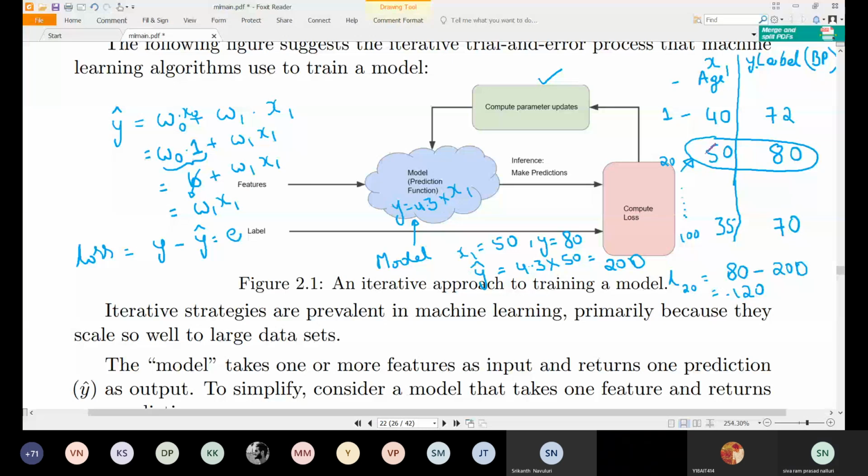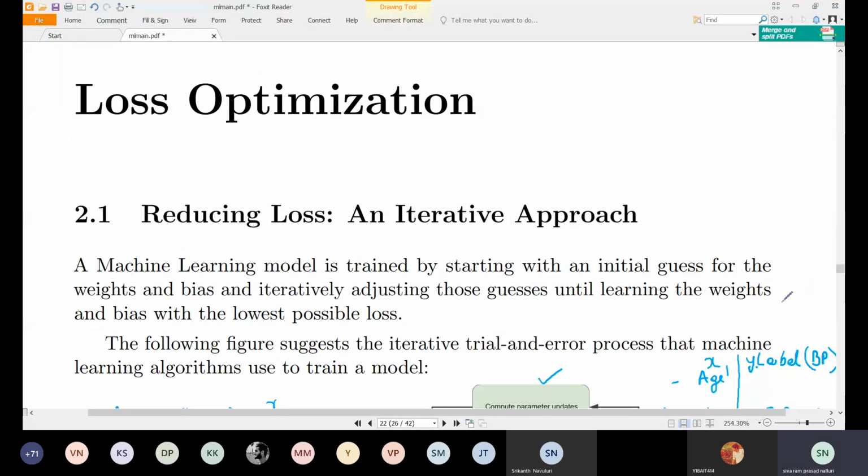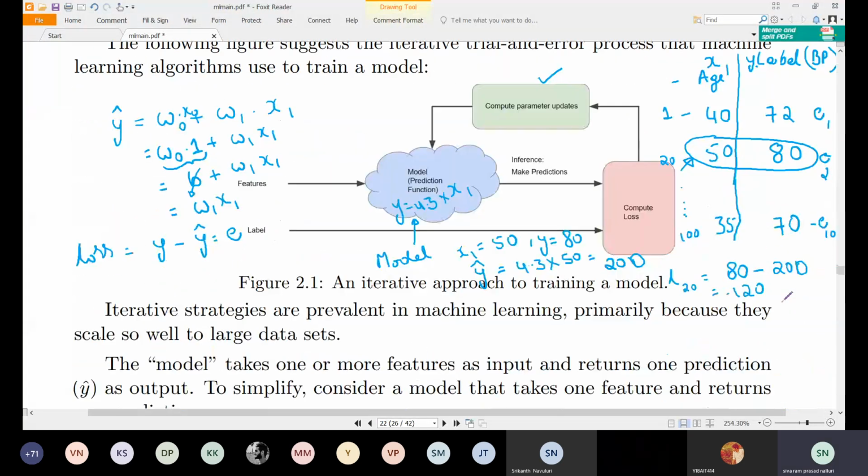Suppose you want to calculate the root mean square error for all the examples, what you will do? Suppose E1 is the error for the first example, E2 is the error for the second example, like that, E100 is the error for the last example.